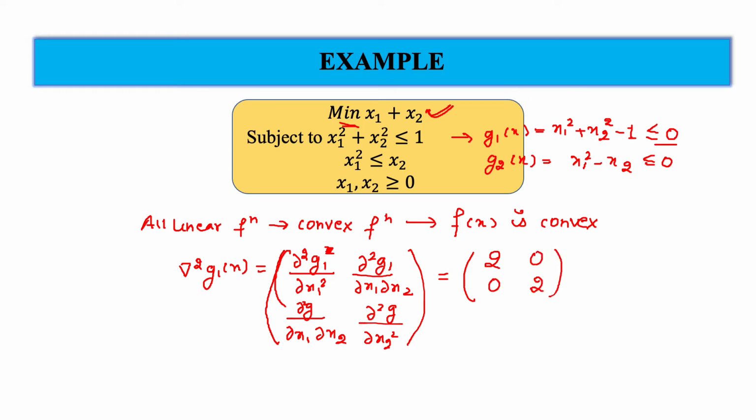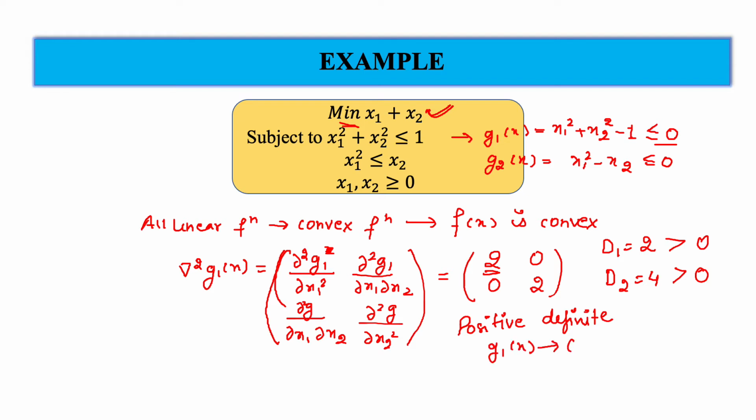The principal minor d1 is equal to 2, and the principal minor of order 2 is 4. Both are greater than 0, so this Hessian matrix is positive definite, hence my function g1(x) is a convex function.